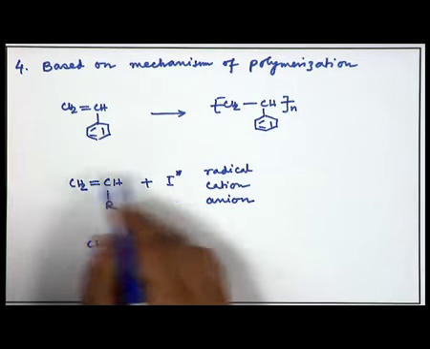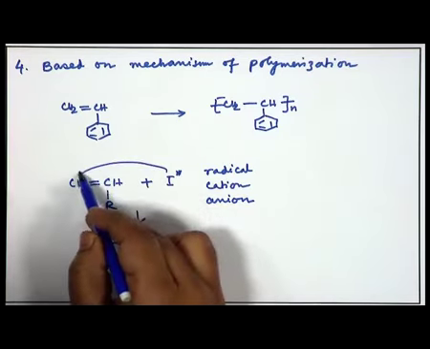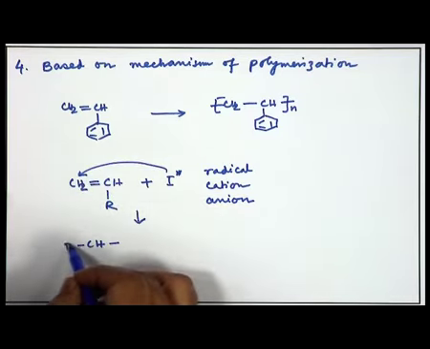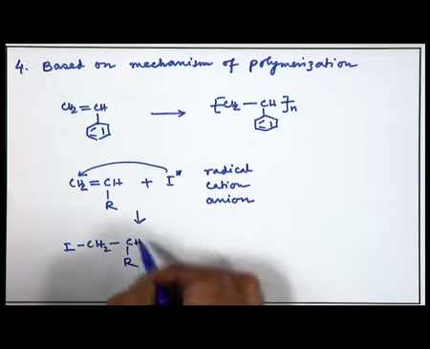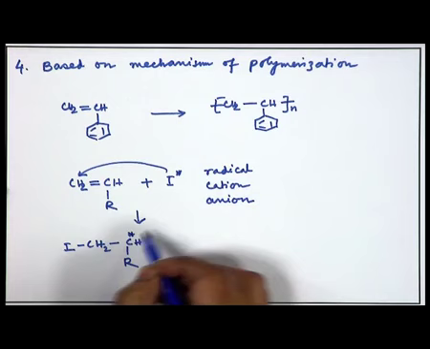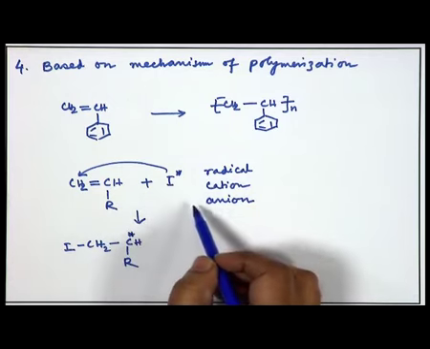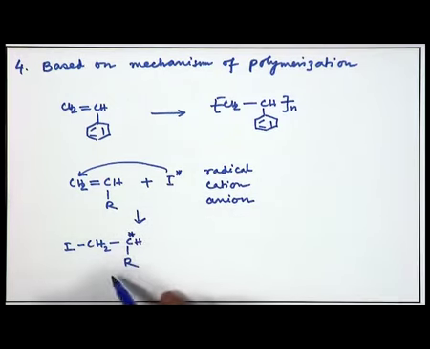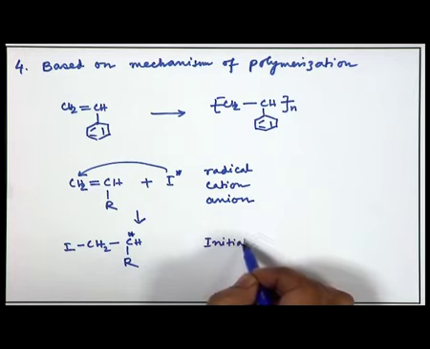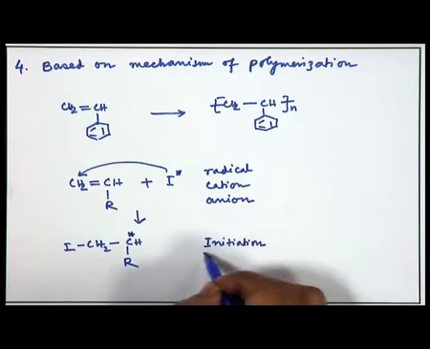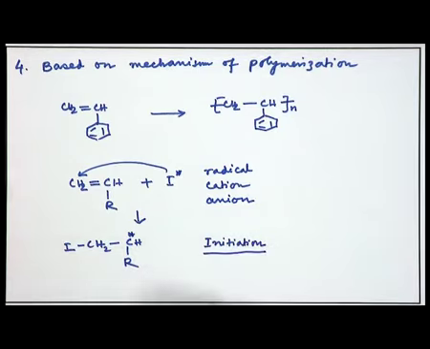So, it will attack here and, depending upon whether this is a cation, radical or anion, you get this. So, that is the initiation. And then what happens?